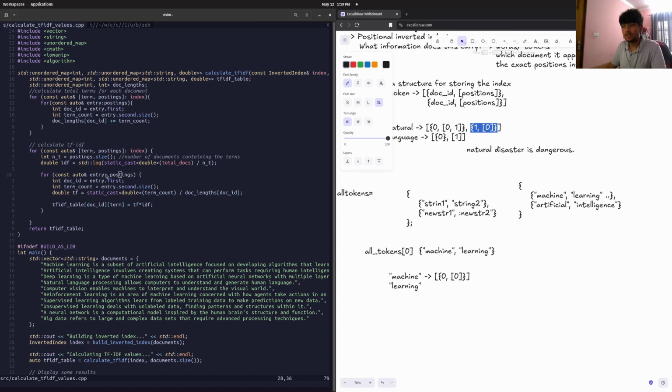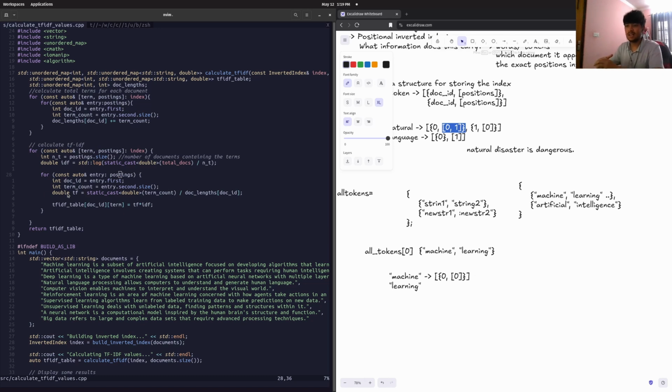So this one is the first entry, and the document ID is entry dot first, and the term count is entry dot second dot size, so it's the positions size, that is the term count.